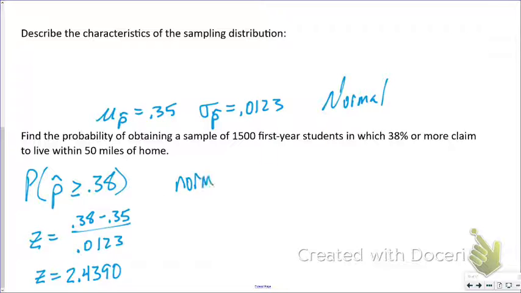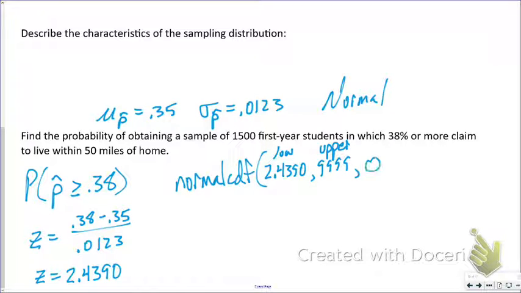You don't have to write this part, but just for your notes, for the sake of knowing where the answer came from, it might be nice to write. So our lower bound is 2.4390. Upper is infinity or a bunch of nines. Leave the mean and standard deviation alone because we got a z-score. We converted it to a z-score. And we end up with 0.0074.